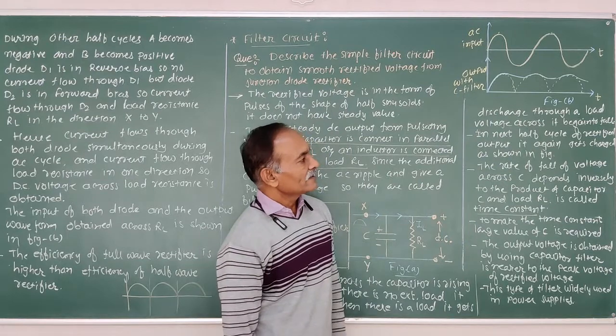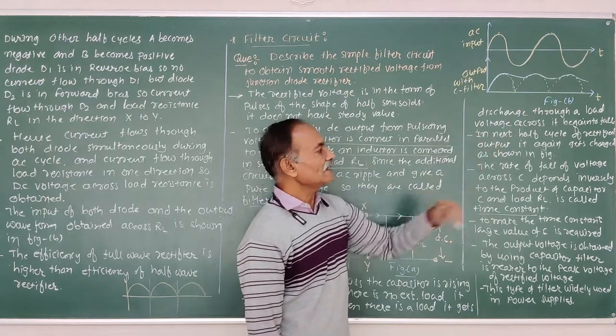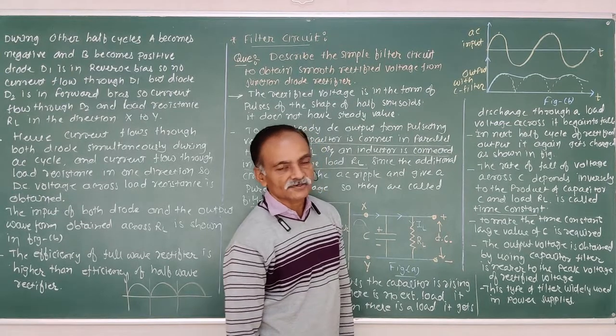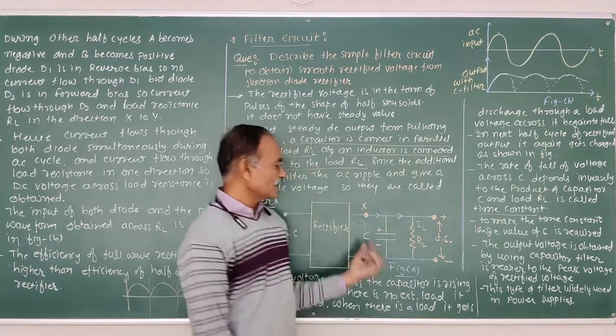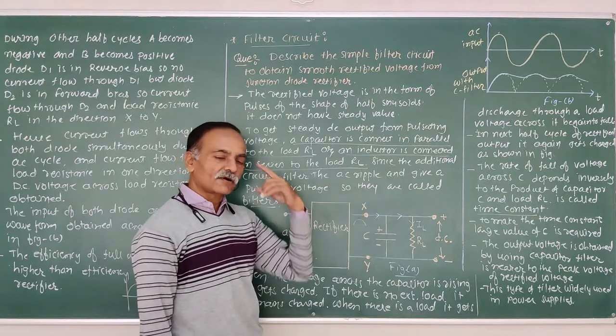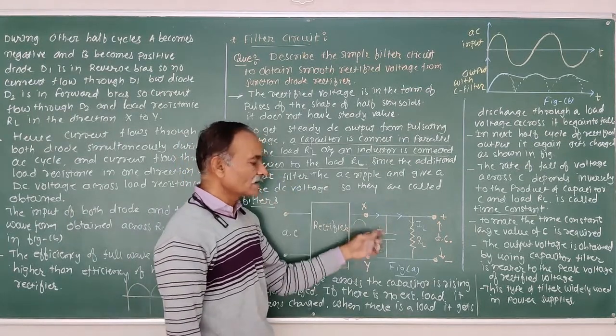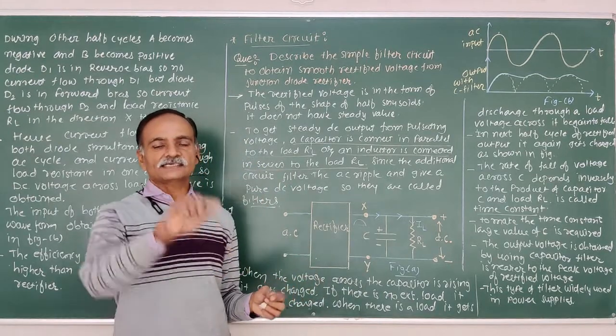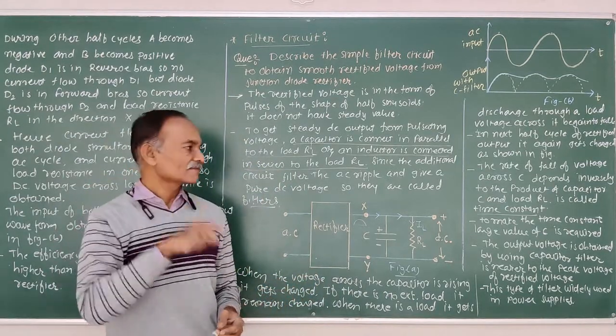In the next half cycle of the rectified output, it again gets charged, as shown in the figure. So when the rectified output in the form of pulses is connected to the capacitor, it gets charged, discharged, charged, discharged, this way.